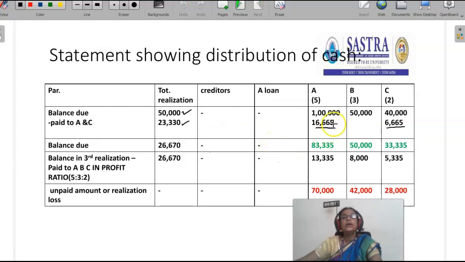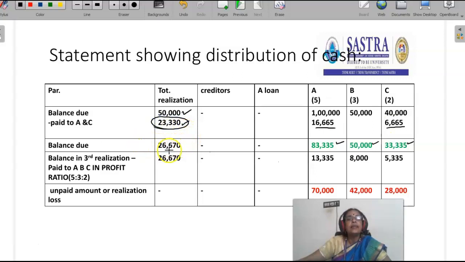So A's account is settled for 16,665, and C's account is settled for 6,665. So the balance due is 83,335, 50,000 and 33,335. The amount available out of 50,000 settled A and C to the extent of 23,330.